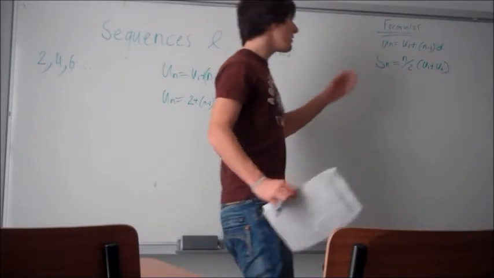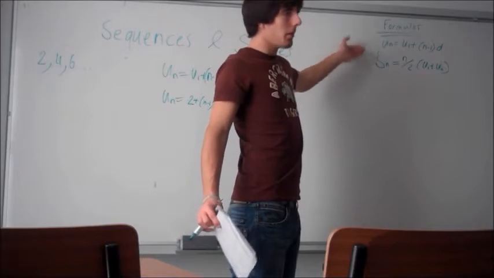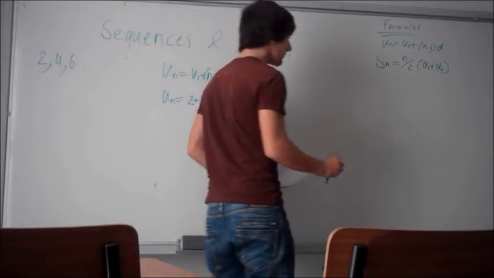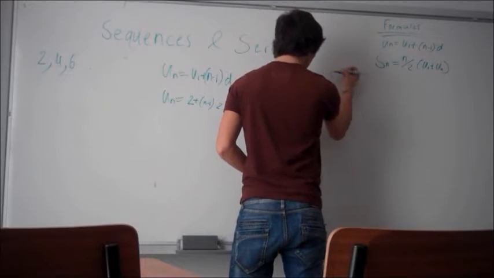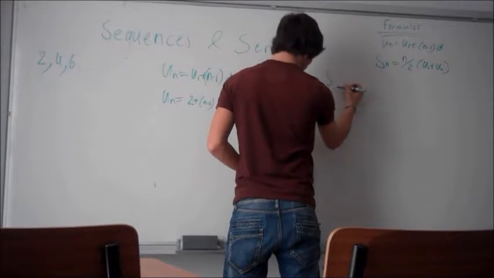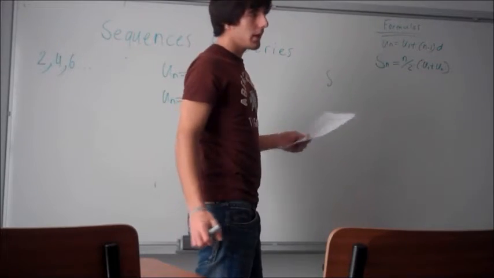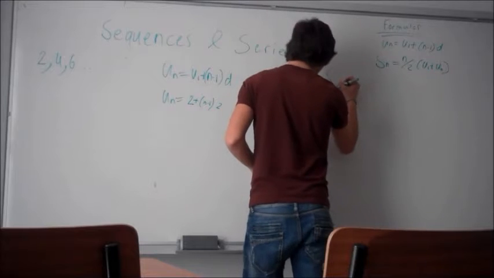Let's say we want to find the sum of the first 23 numbers of a sequence. What you do would be S of, wait, no, let's change the number. Let's do the sum of 18 numbers in a sequence.